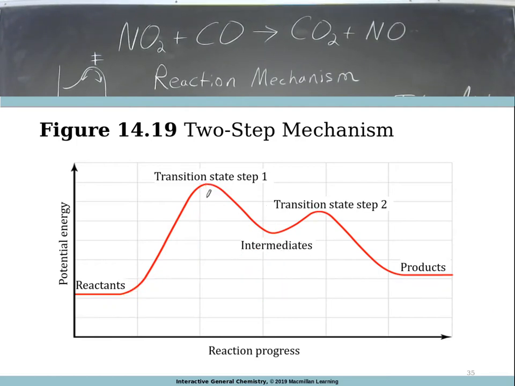And that really prepares us to talk about the next really important part of reaction mechanisms. Each individual step has its own activation energy. It can be thought of as its own little reaction. So let's get rid of this.